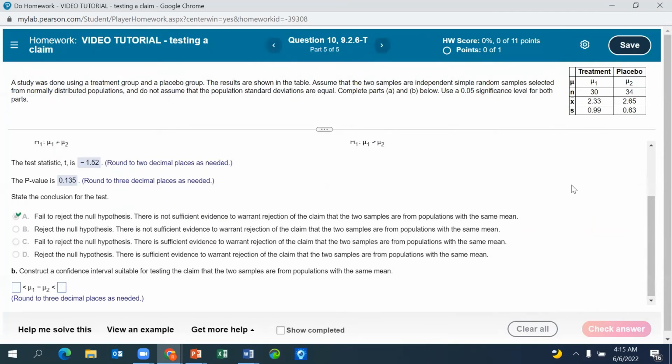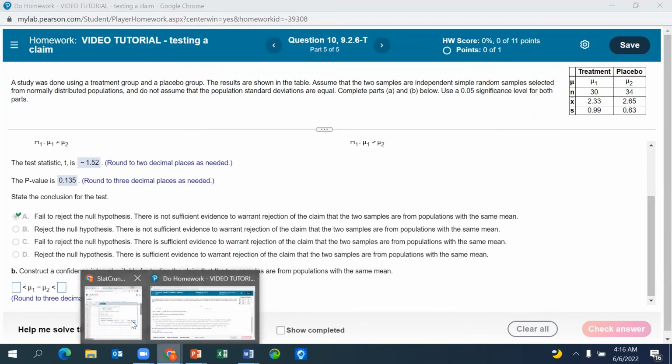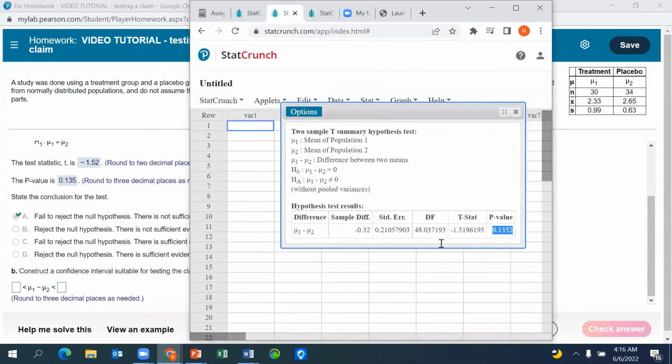Okay, now you can go ahead and construct a confidence interval suitable for testing the claim. Okay, so let's go ahead. We need to go back to our example, and we need to have a confidence interval.